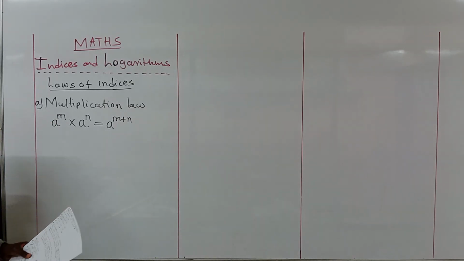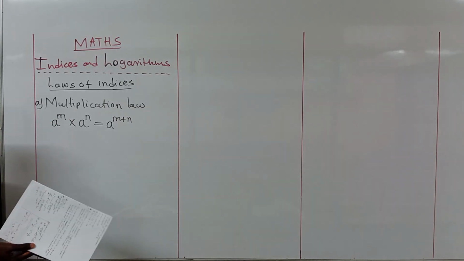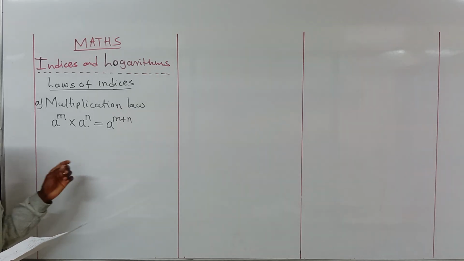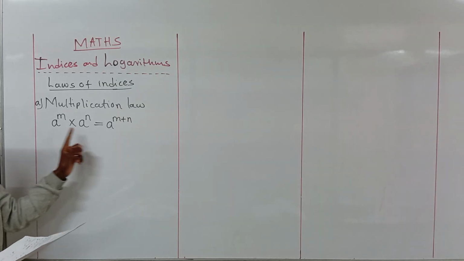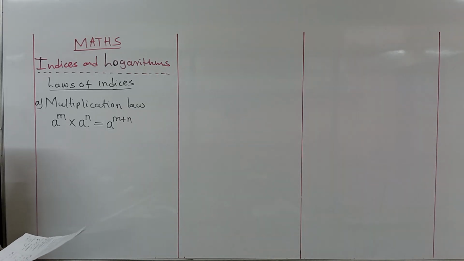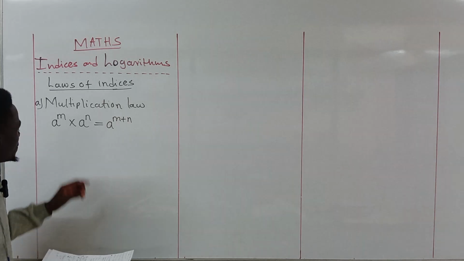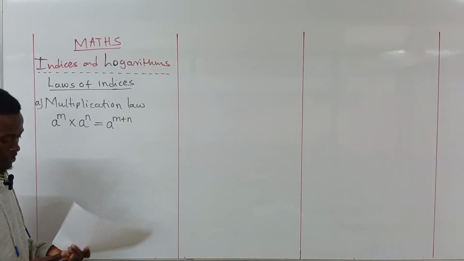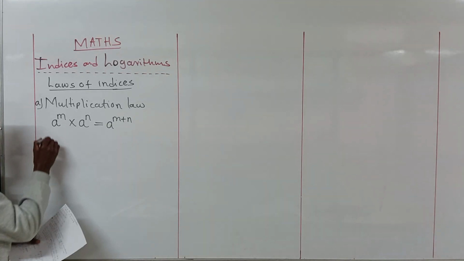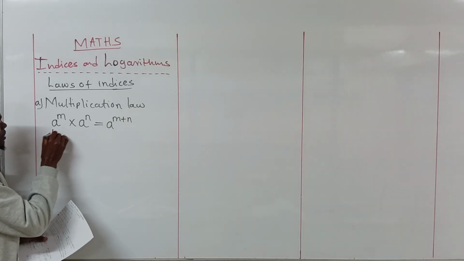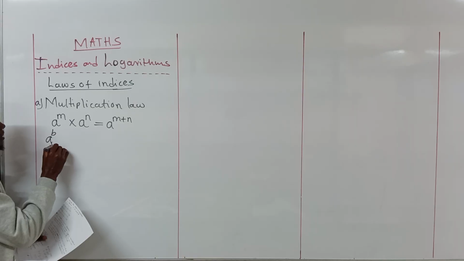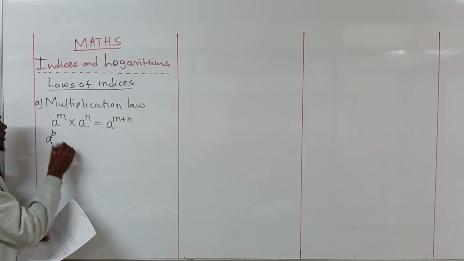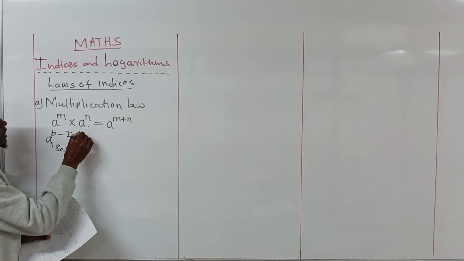So when you have the multiplication sign connecting two numbers written in index form, the bases must be the same. In our previous class, we said that when a number is expressed in this form, this one becomes our base, and this one becomes our index.